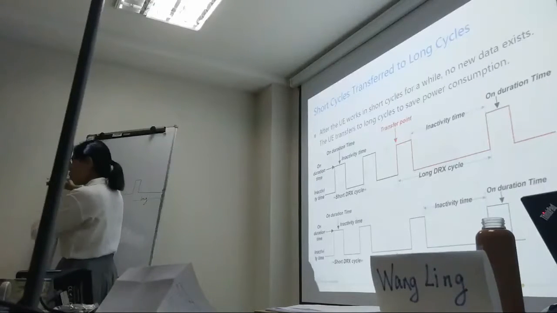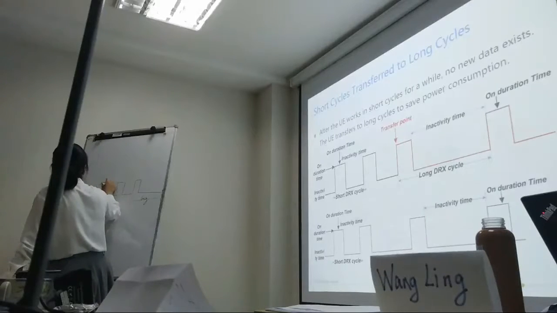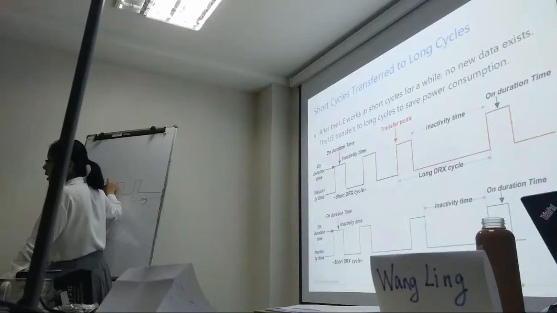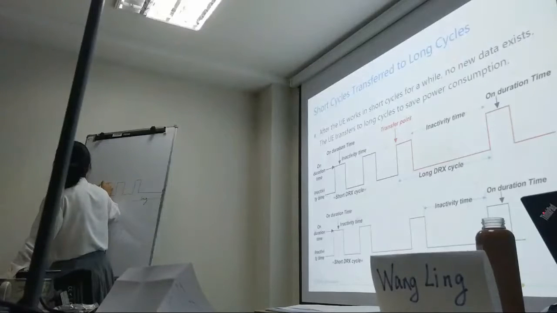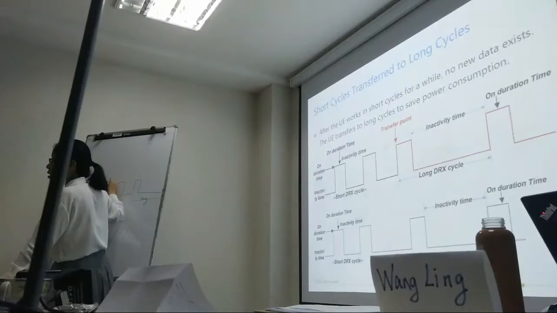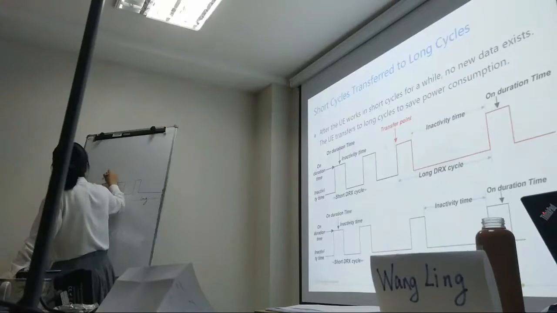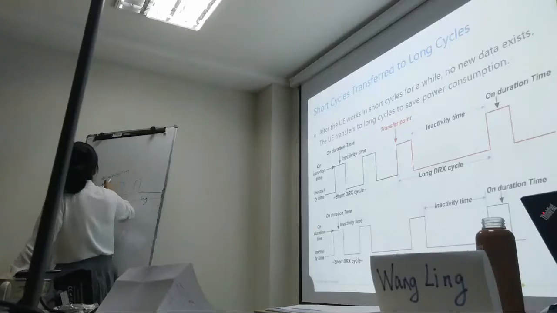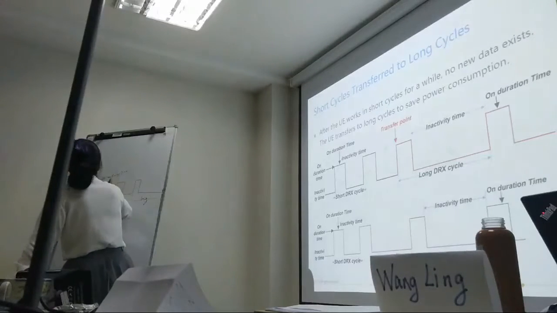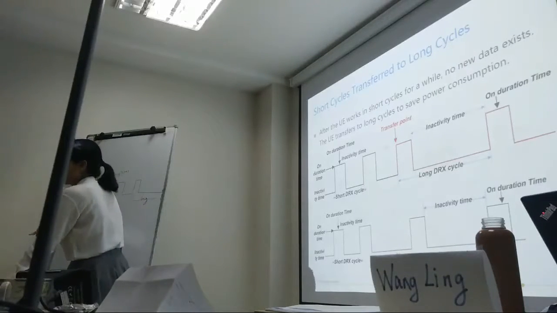So how long will I keep monitoring? We will set a DRX inactivity timer. During this timer, I will always monitor the PDCCH. When this DRX inactivity timer expires, okay, I will start the short cycle again.